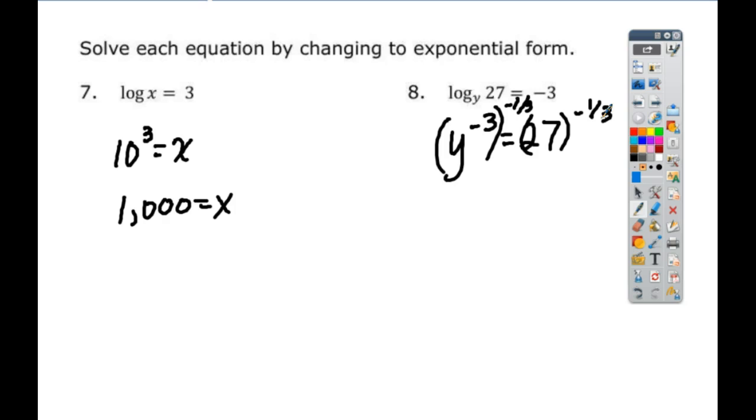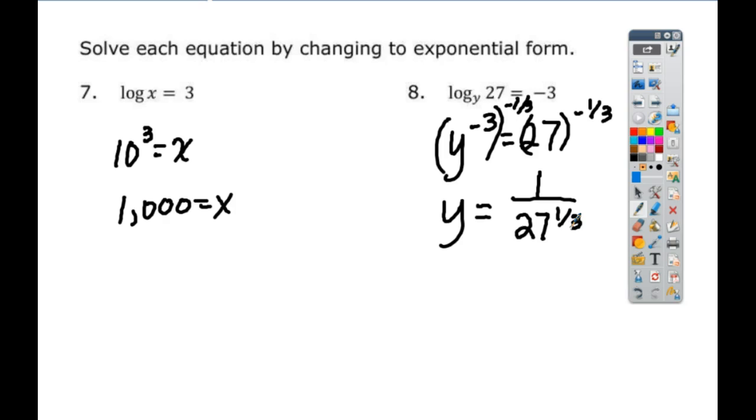Before you start typing this in your calculator and you're like, I got a decimal, which you're going to. So this is going to be y. And what happens with the negative? What do I have to do with the negative? I have to move it to make it positive, right? So this is going to be 1 over 27 to the 1/3. Now, do you know what 27 to the 1/3 is? 3.